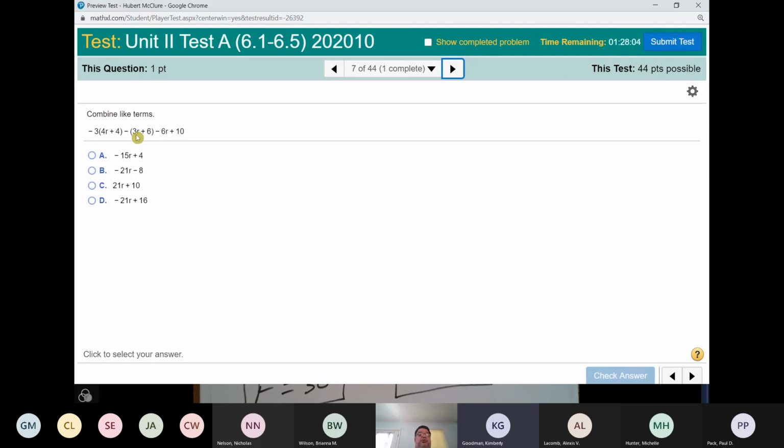Combine like terms, 6.2. That's just combine like terms. You're not going to solve it. You're just going to combine like terms. You're going to distribute. I'll do that one for you. I know I shouldn't be doing them, but I don't mind doing them. Negative 3 times 4r plus 4, minus 3r plus 6, minus 6r plus 10.